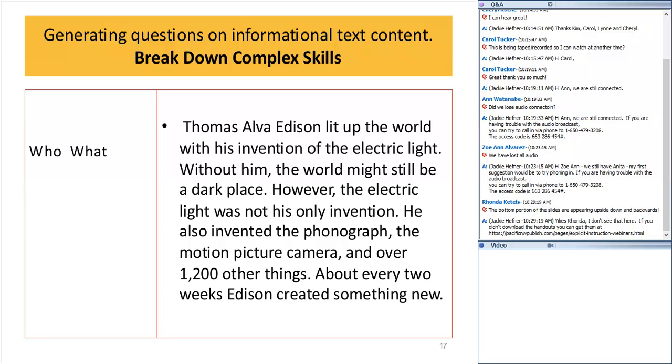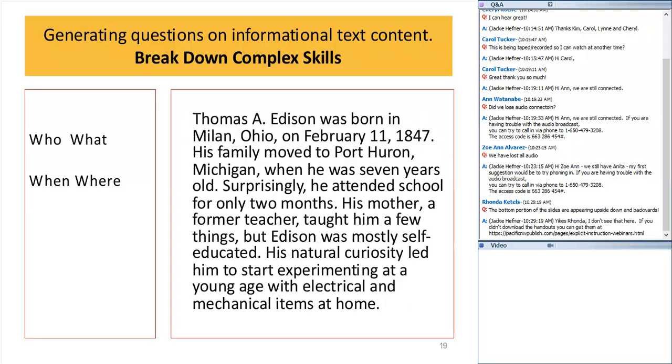perfect example, it might help if I would just start with who and what. Who is this paragraph about? What did it tell us about this person? And do that to mastery. Then I could answer questions such as, well, who was this about? What did it tell us? When did it happen? And where did it happen?